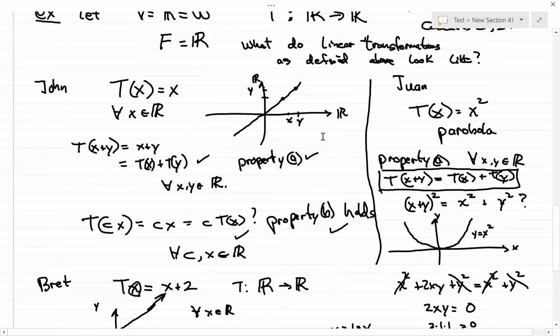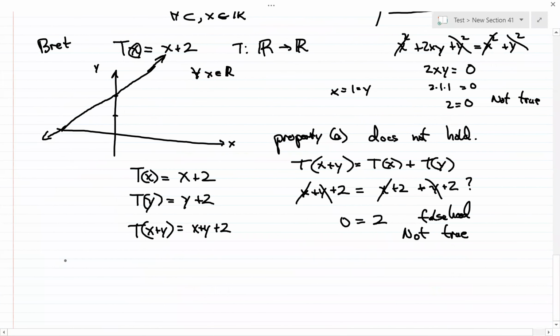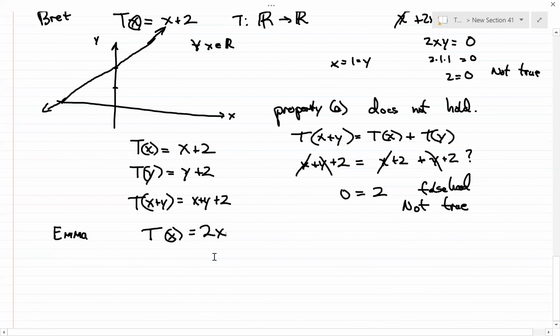Okay, let's put down hers. So Emma's suggestion, adding to the discussion: why not try Tx to be what I just heard was 2x, right? And 2x is still a line, but it's a line that goes through the origin.